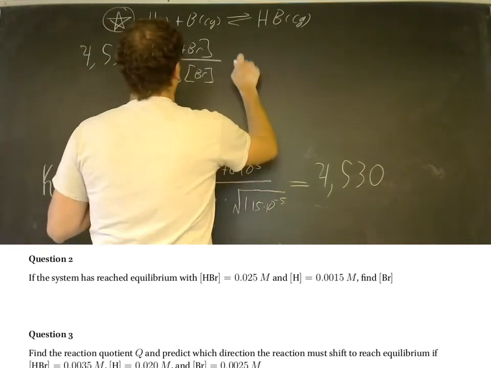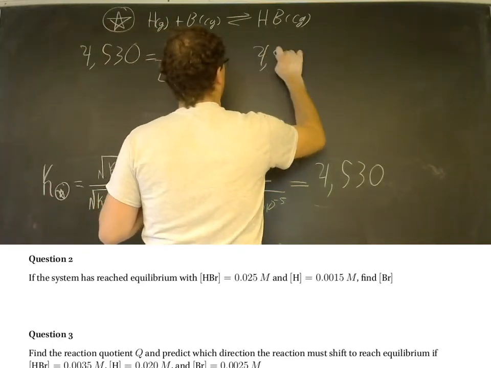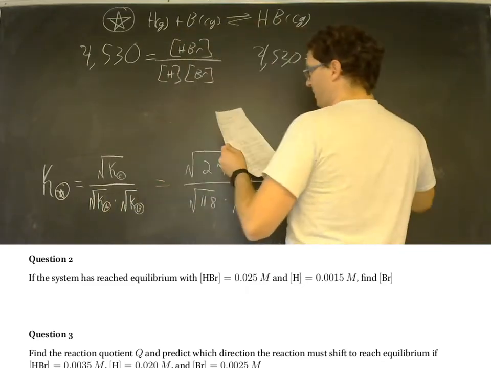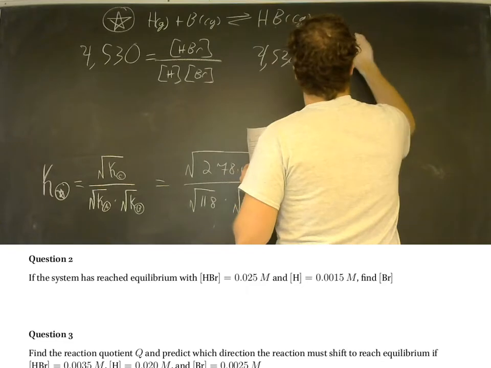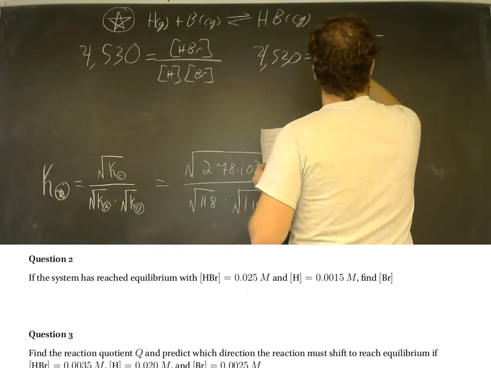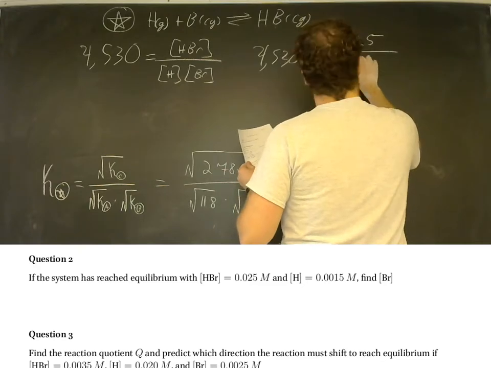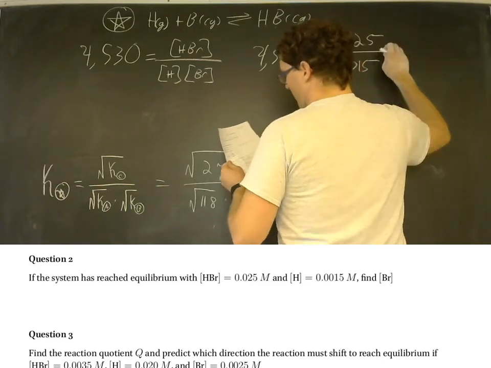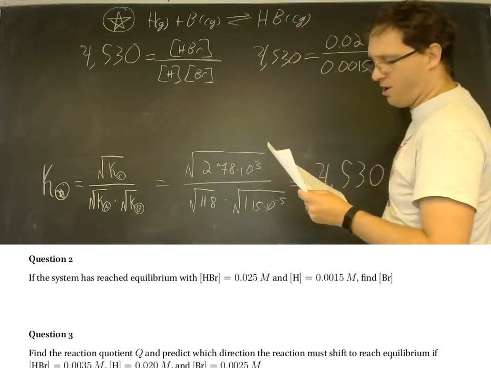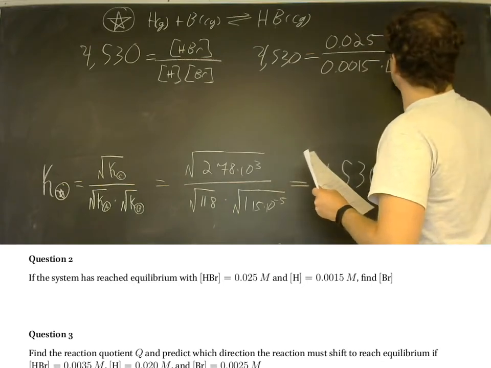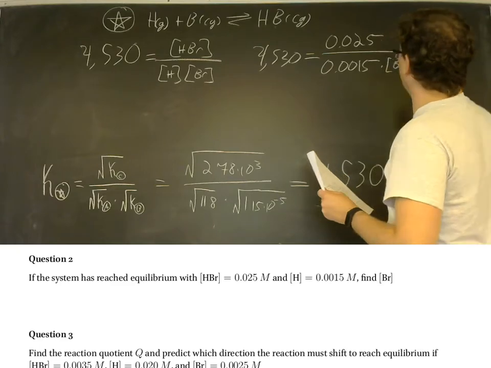So 4,530 equals 0.025 divided by 0.0015 times the concentration of Br.